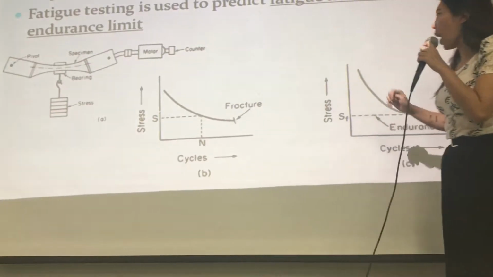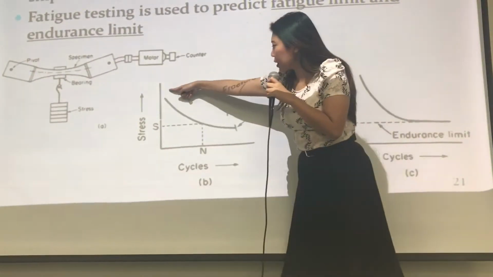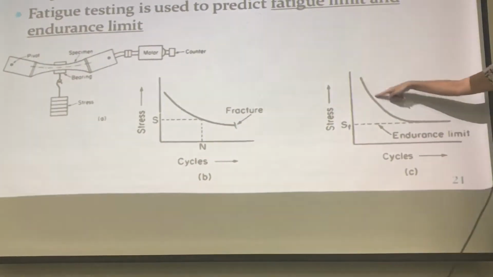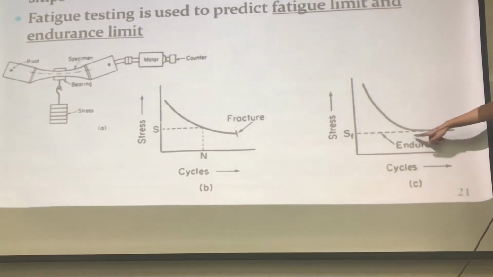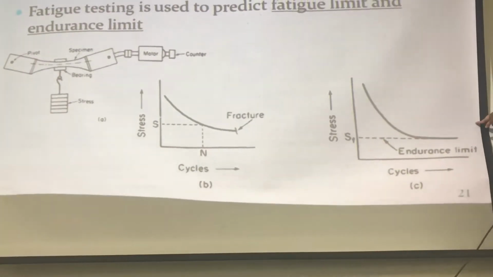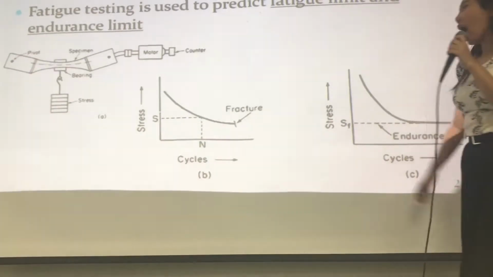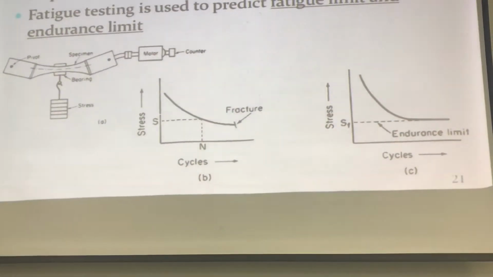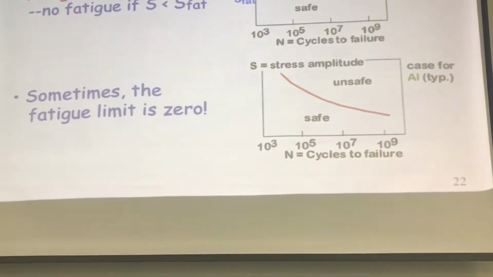But some good materials come like that, and at a certain point the graph becomes parallel to the x-axis, and that we call the endurance limit or fatigue limit.